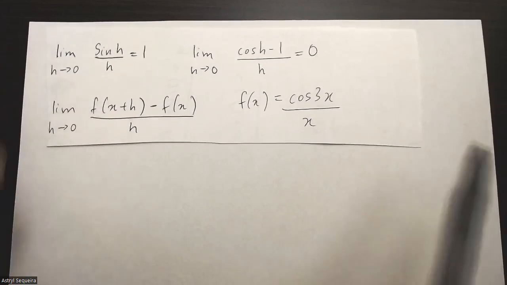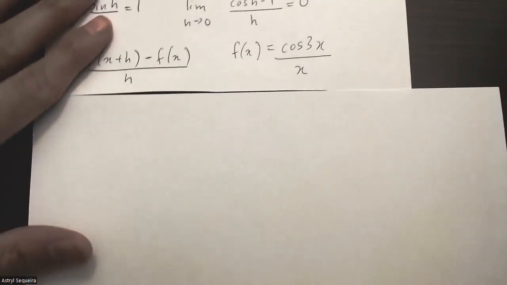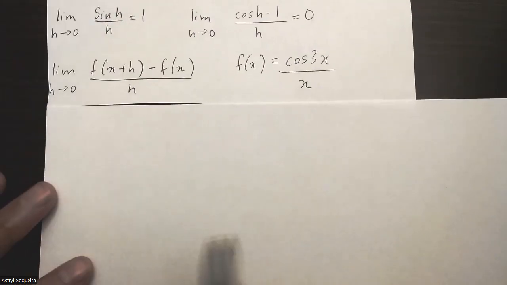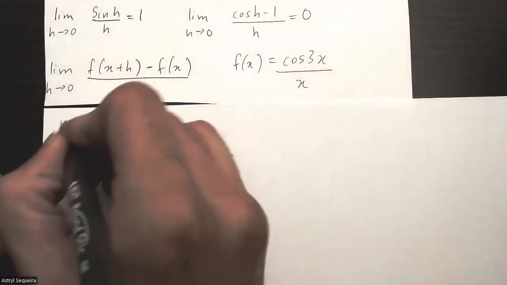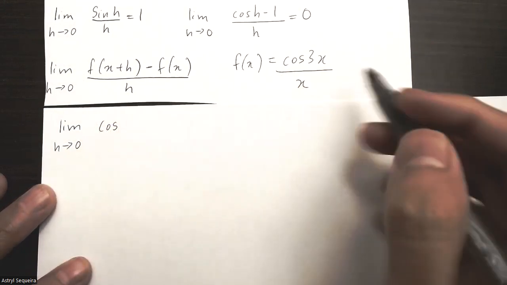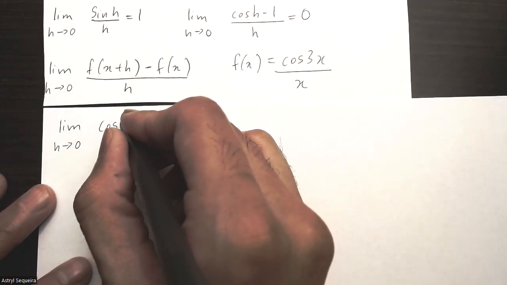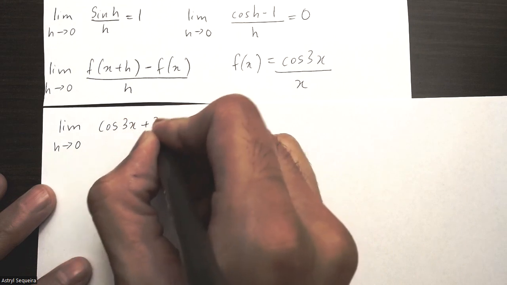So let's get started by subbing the function into our first principles equation. So that's going to be lim h approaches 0 cos of, I'm replacing this x with x plus h, so it's going to be 3x plus 3h.